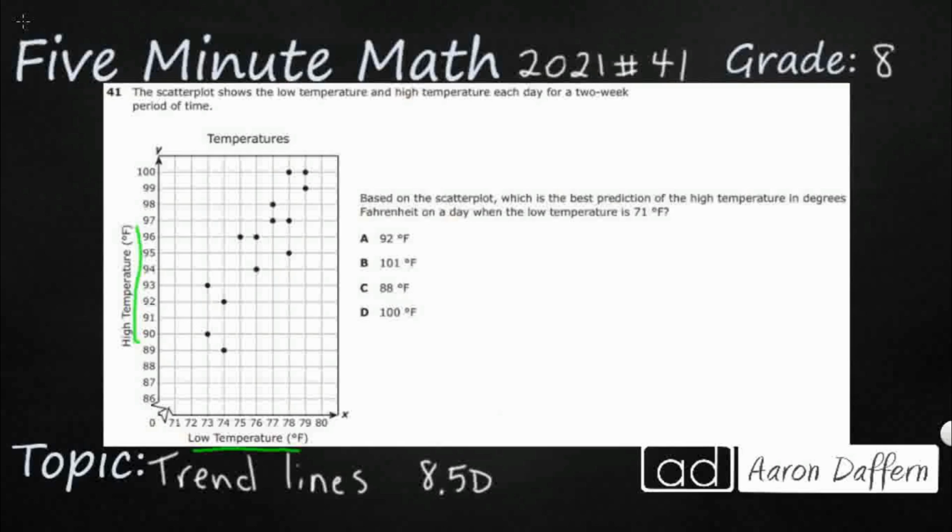And that makes sense that as you increase your high temperature, it's going to have a harder time cooling off, so the low temperature is going to rise as well. But we need to work backwards, so we need to go all the way down to that 71 for a low temperature. We need to figure out what that high temperature is going to be, so we are going to draw a trend line.